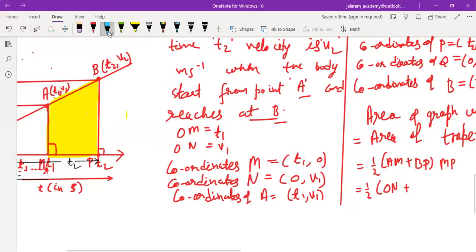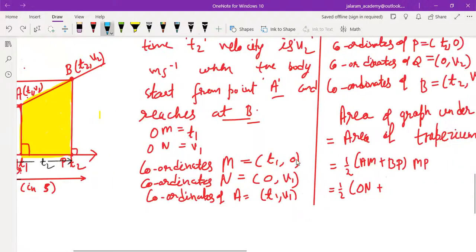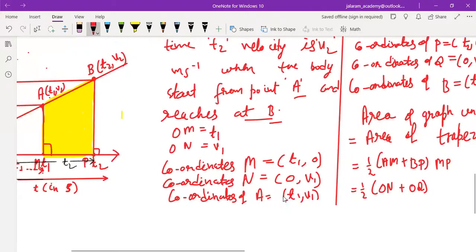Plus BP. So this is BP, which is equal to OQ. Into MP.